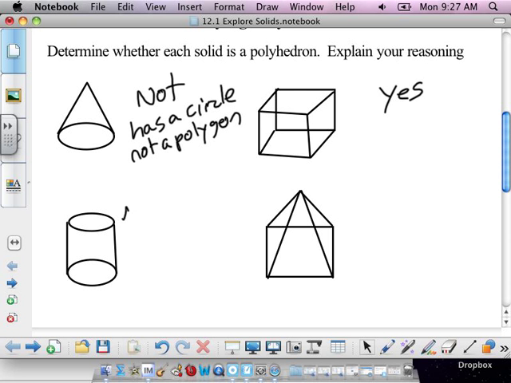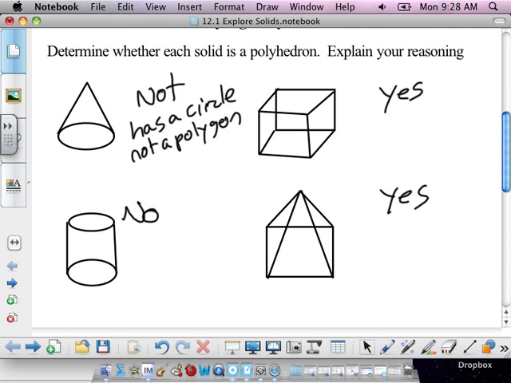No. It has faces that are not polygons. What about D? Yes. What would we call that? It's a pyramid. It's a square bottom pyramid. So you can have a triangular bottom pyramid, or a rectangular or square bottom pyramid.